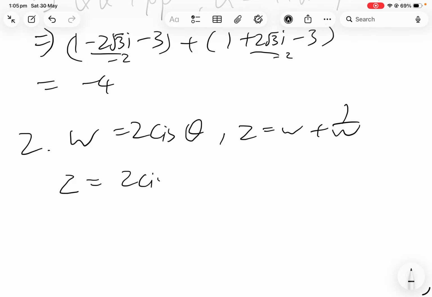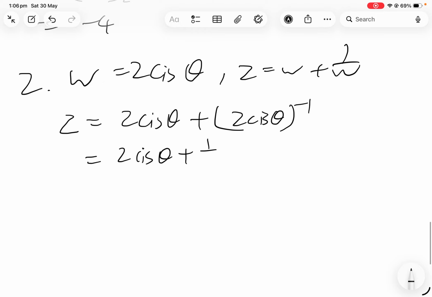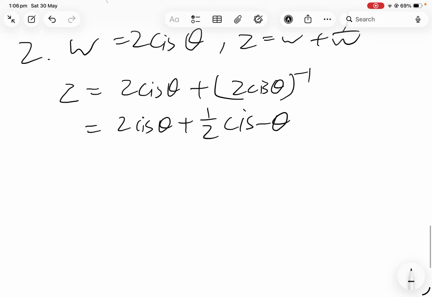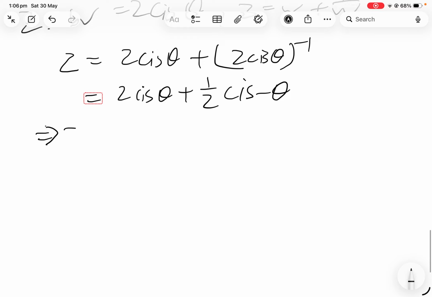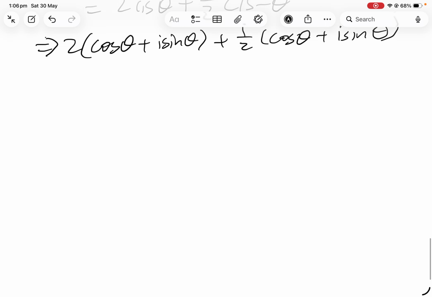Okay, 2 cis theta plus 2 cis theta, but this is basically just W to the negative 1. So that just becomes 2 cis theta plus 1 over 2 cis negative theta. And then we can expand this, right? So it's 2 cos theta plus i sin theta plus half cos negative theta plus i sin negative theta. Oh, negative, my bad.